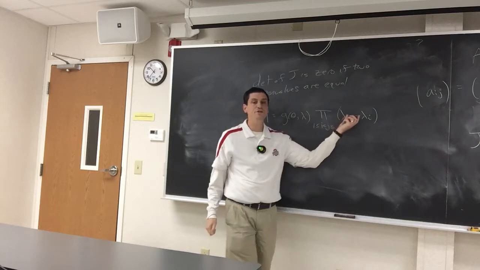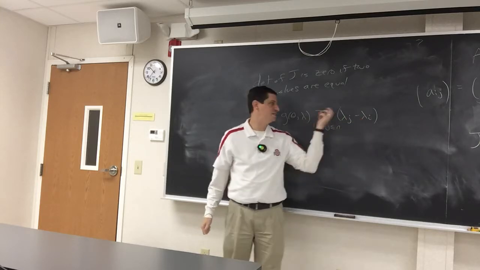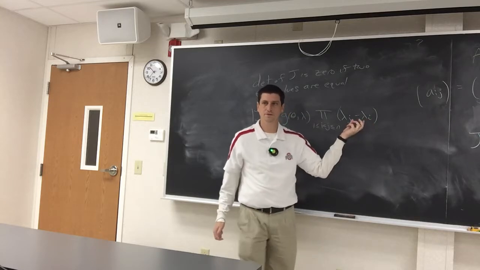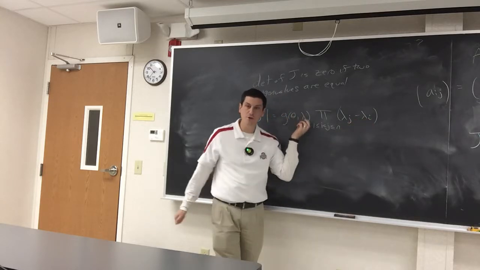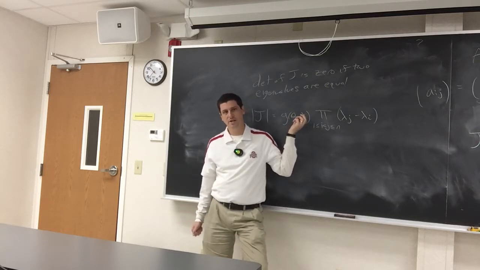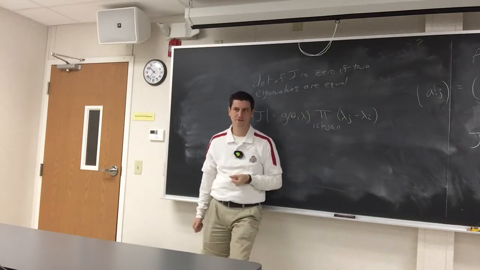And the reason is whenever two eigenvalues are the same, it has to be 0. It's got to have a factor like this. And then whatever's left over could unfortunately still involve the lambdas. And it has to involve the thetas.